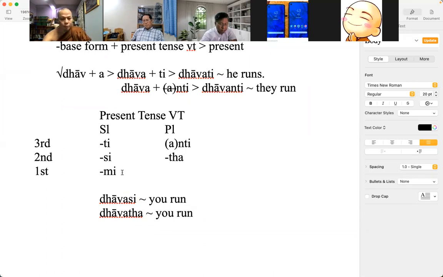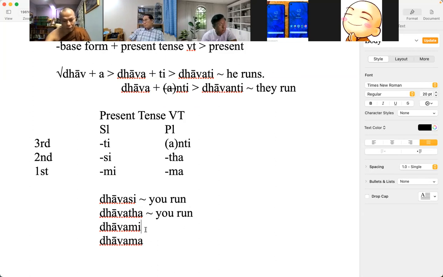And then the plural sign is ma. So now basically we have dawami, and then dawama.